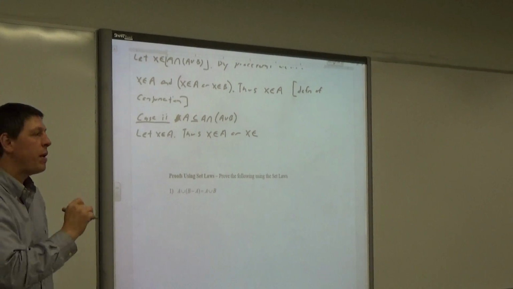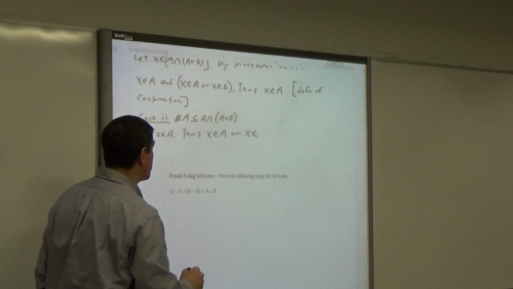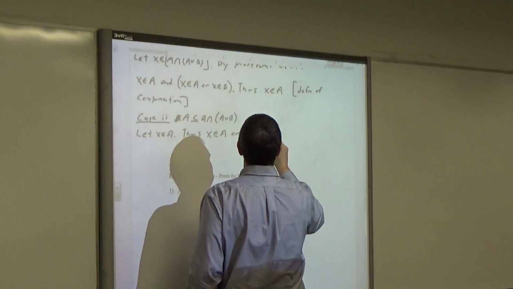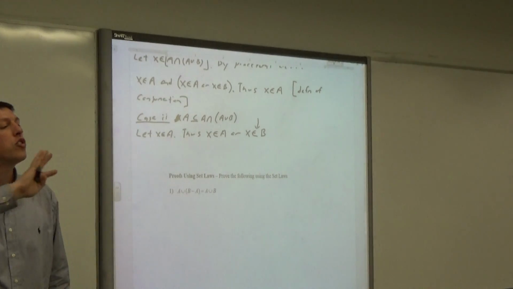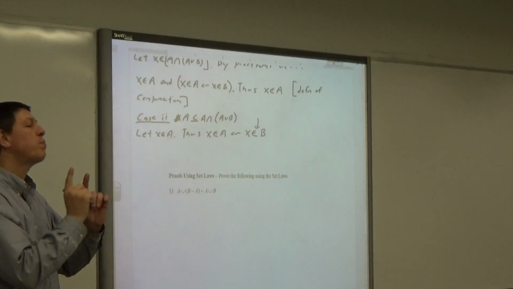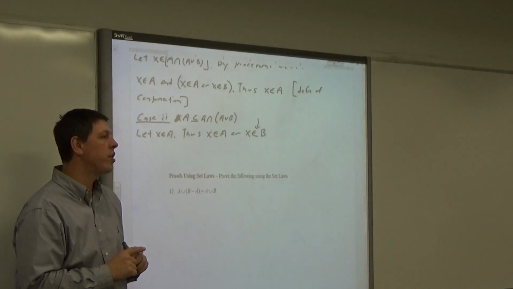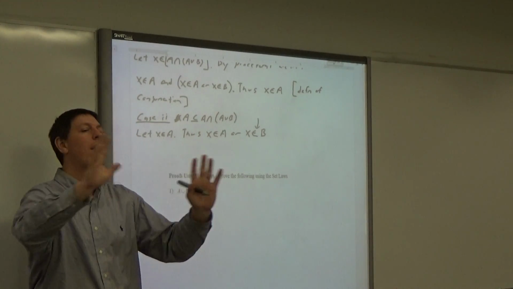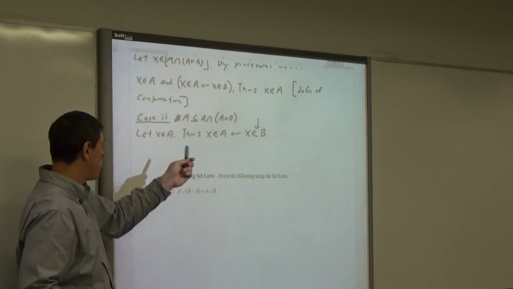What do we want X to be an element in for this problem? A or B, right? We want X to be an element of B, okay? And I'm going to make a note that it could be an element of whatever set that we want it to be. We just pick B because that'll get us to A or B. Does that make sense to everybody, guys? If it's an or, you can pick whatever you want because that's not a lie, as long as the first part is true. And guys, this is true.